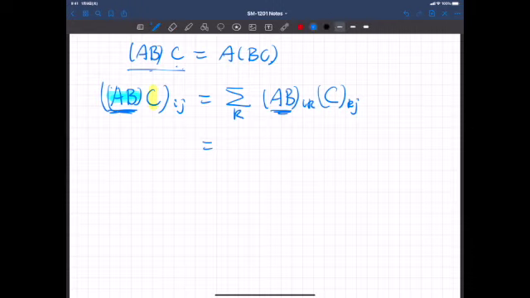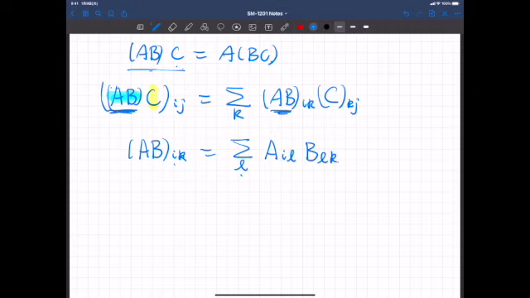Let's consider this first, (AB)_ik. This is a matrix product, so using another symbol for the index, this is a_il and b_lk. So this i comes here, this k comes here, and the new index comes here in between.